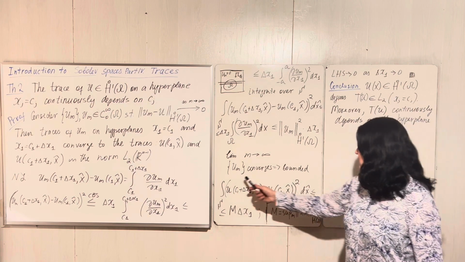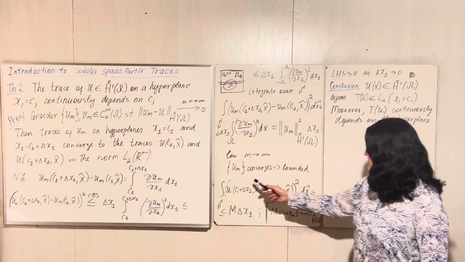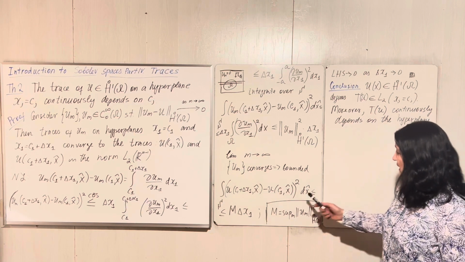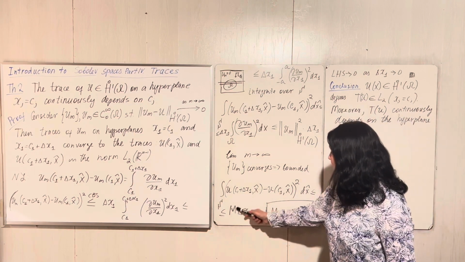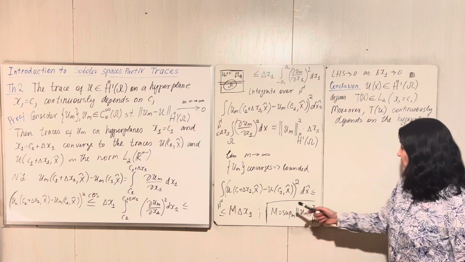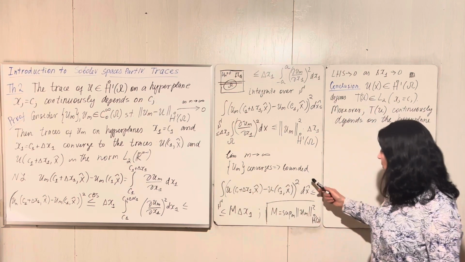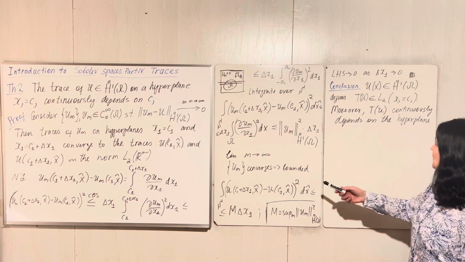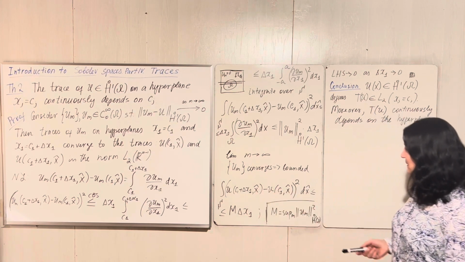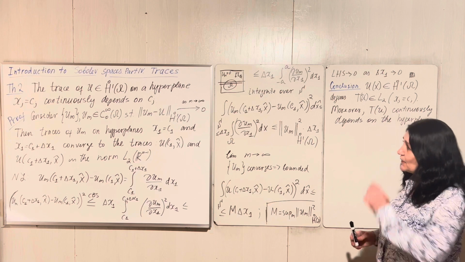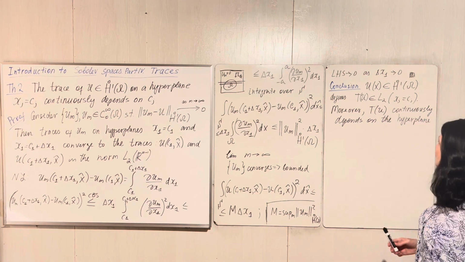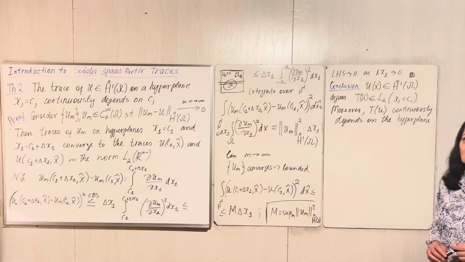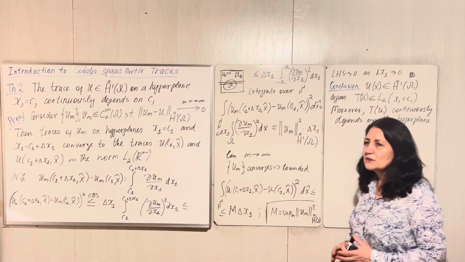And so what we can see from this inequality is that when Δx approaches 0, the left hand side also goes to 0, which gives us the continuous dependence on c_1. So this finishes the proof.